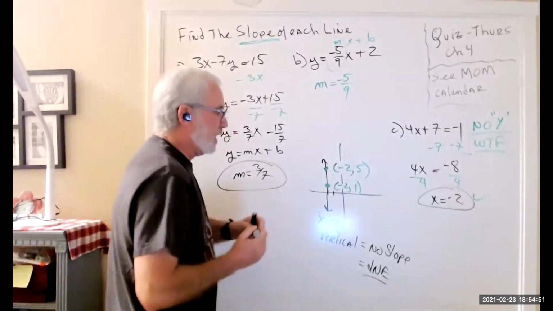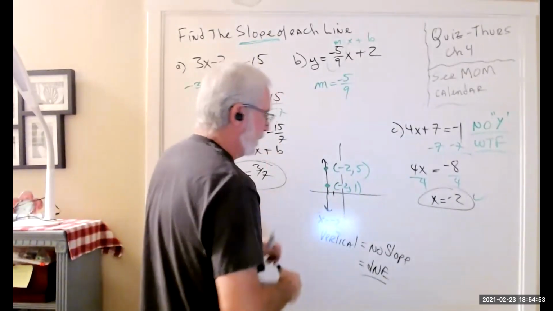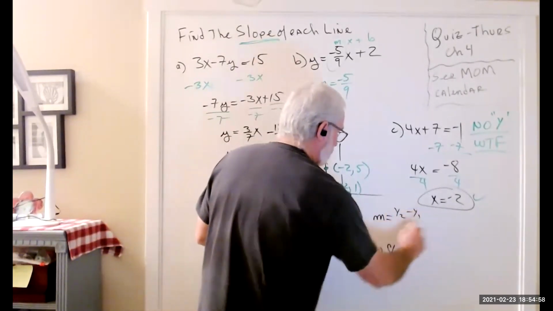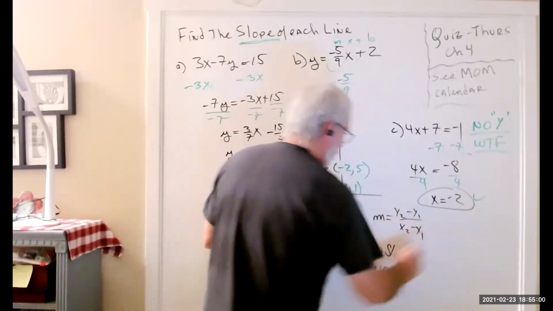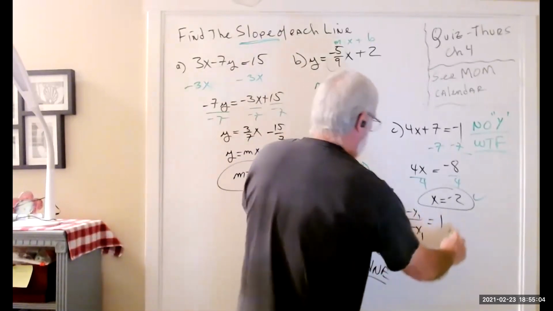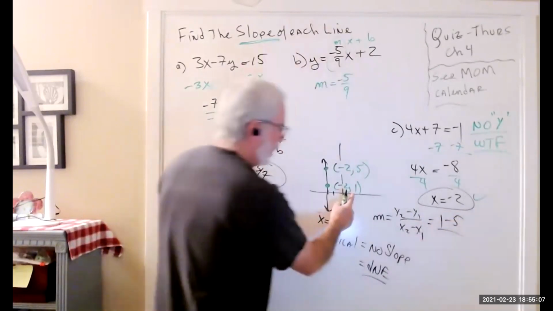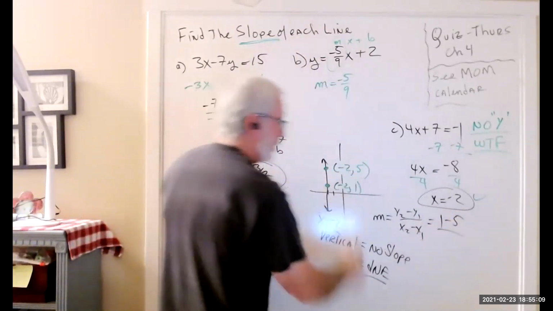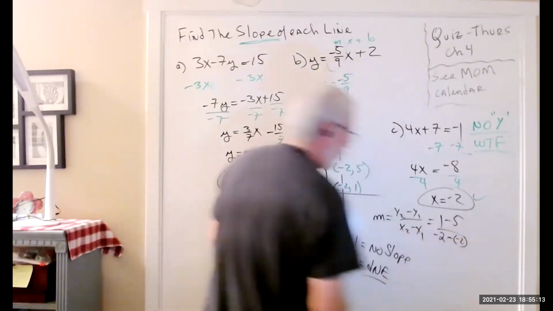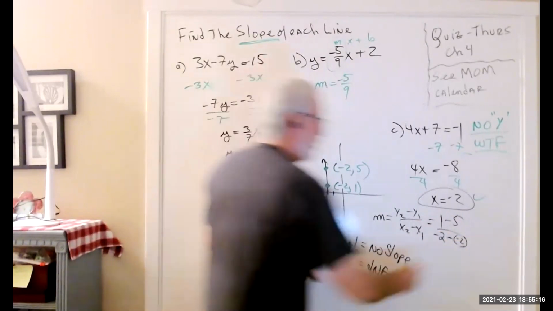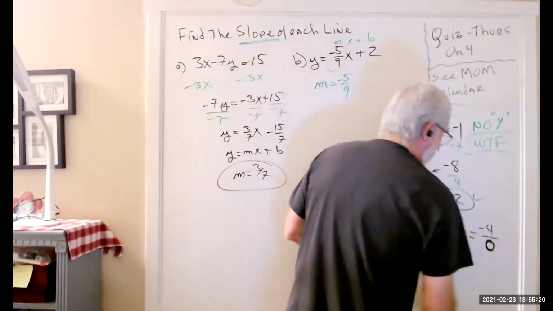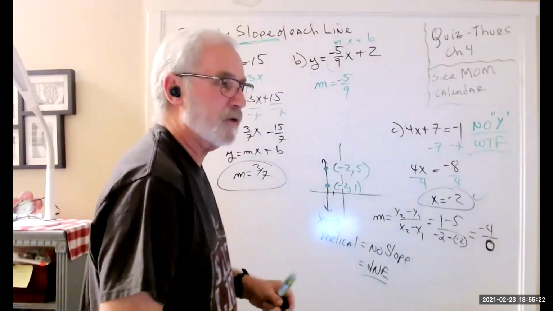So if you use the slope formula, remember we have m equals y sub 2 minus y sub 1 over x sub 2 minus x sub 1. So if we say this is 1 take away 5, y sub 2 minus y sub 1, over -2 take away -2, you're going to end up with -4 over 0, or maybe +4 over 0. It doesn't matter.